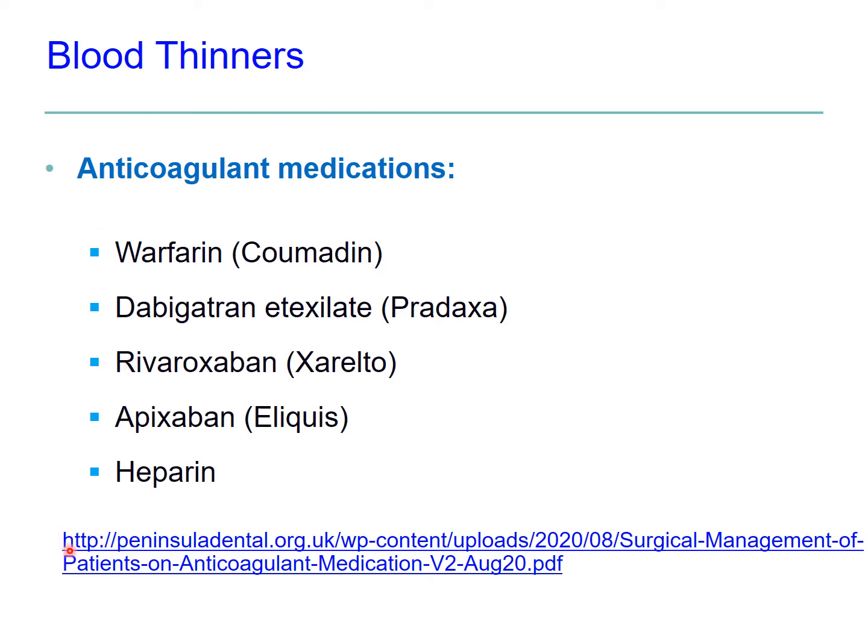But again, I would urge you to read this guidance on the PDSC website on the management of patients on anticoagulant medications, and you will see a fair number of patients who are prescribed these medications. So you need to read this guidance in order to be able to carry out tooth extractions on patients who are prescribed anticoagulant medications.